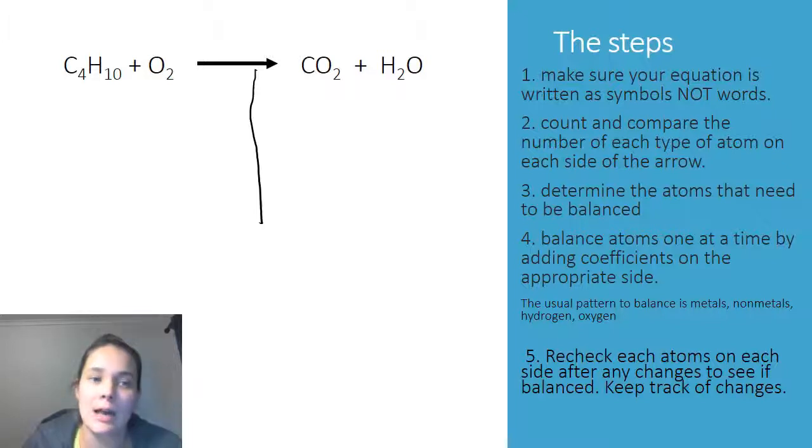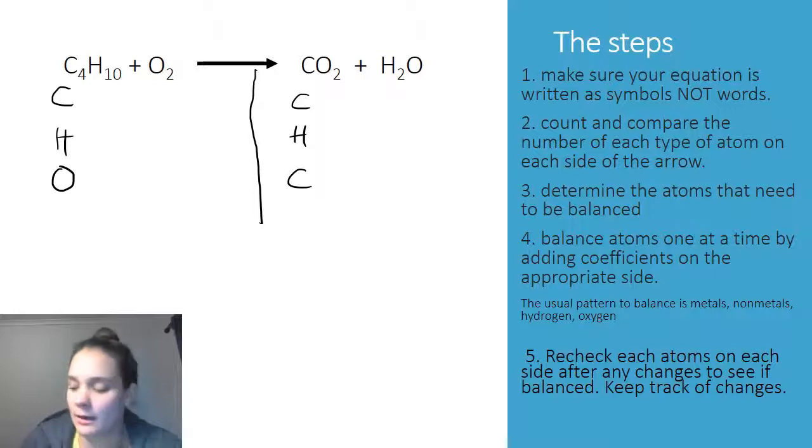So I've got a C, H, O, so I'll put down C, H, O, and on the other side C, H, O. And I'll keep them in the same order on each side because it'll make it easier for me to compare them from one side to the other. Then what I need to do is go back and count how many of everything I have. C4 tells me I have 4 carbons in my compound there.